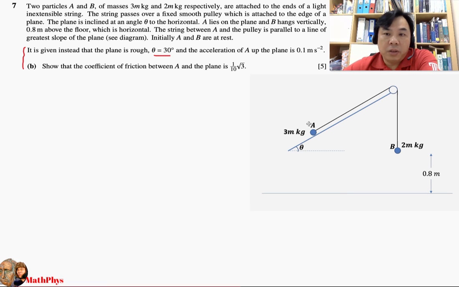And the acceleration of the particle A moving up the plane is 0.1. Now, as the particle A moves up at an acceleration of 0.1 meters per second squared, B should be moving vertically downward at the same acceleration, 0.1 meters per second squared also. Our task here is to show that the coefficient of friction between A and the plane is given as root 3 over 10 here.